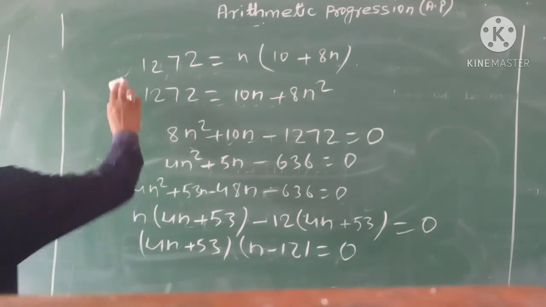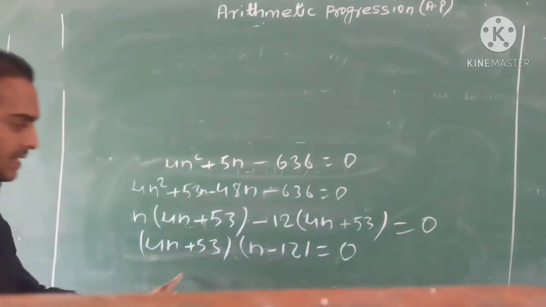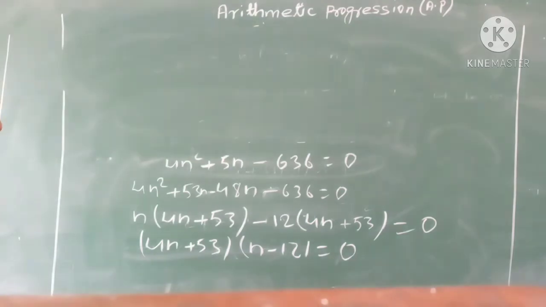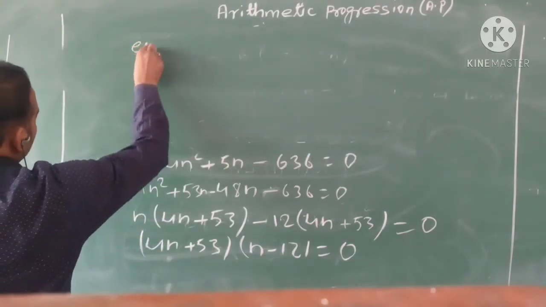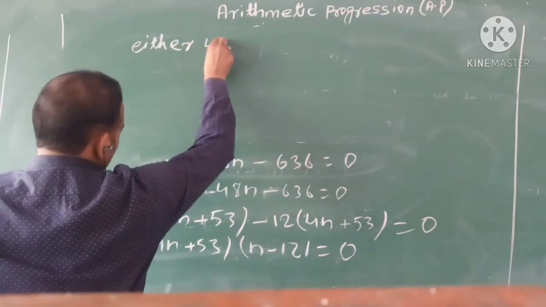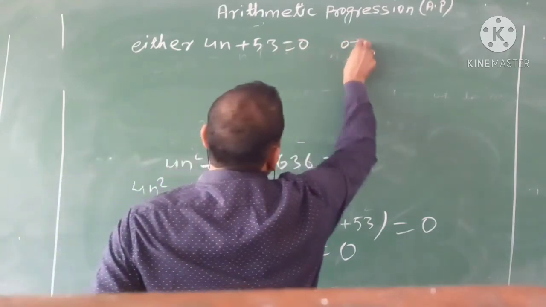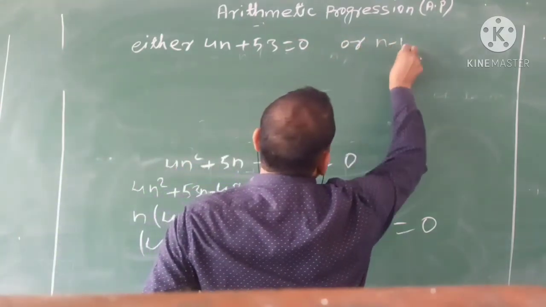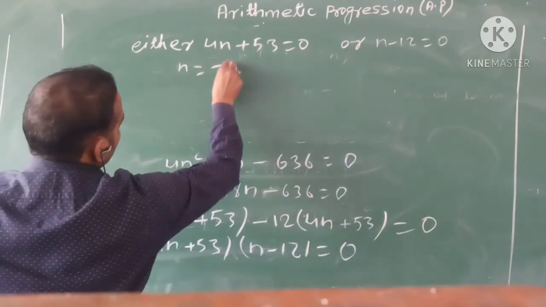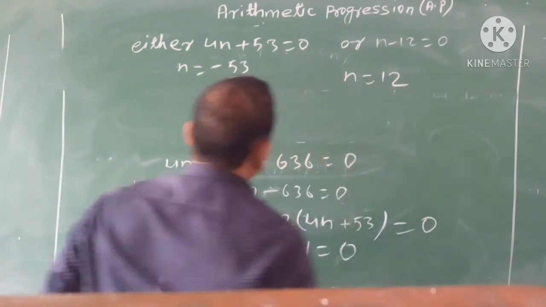And one thing we know, that if the product of two numbers is 0, then either of the two must be 0. Either 4n plus 53 is equal to 0 or n minus 12 is equal to 0. From here n equals minus 53 by 4, and from here n is equal to 12.